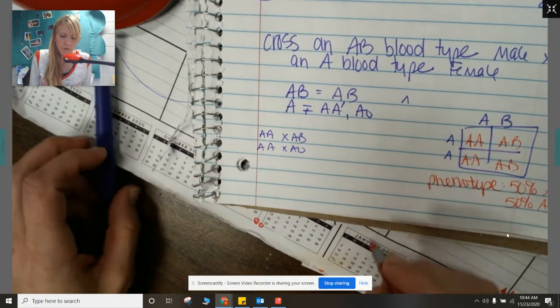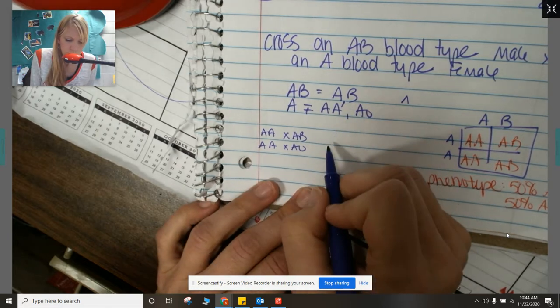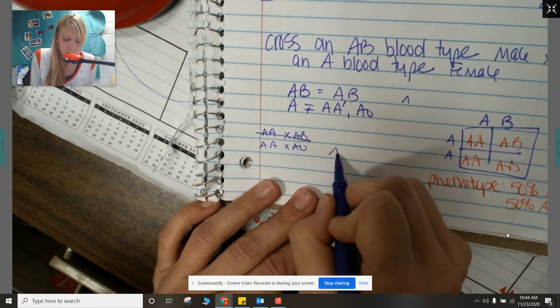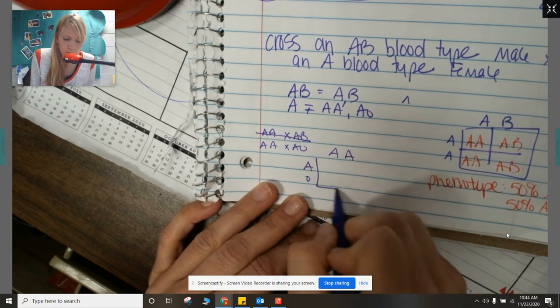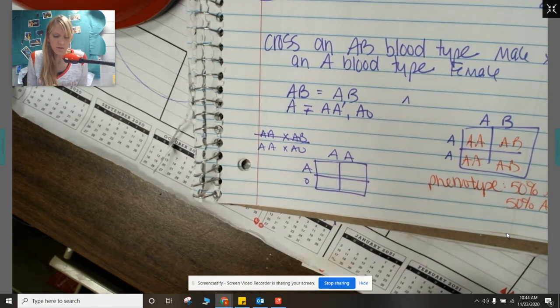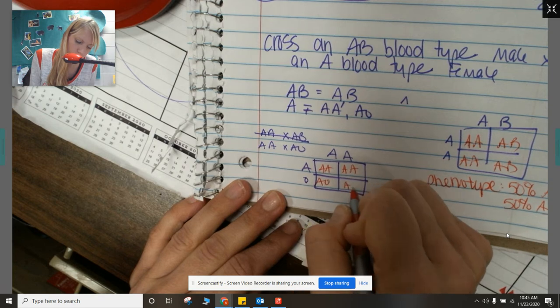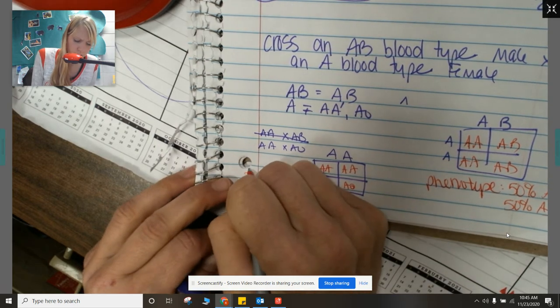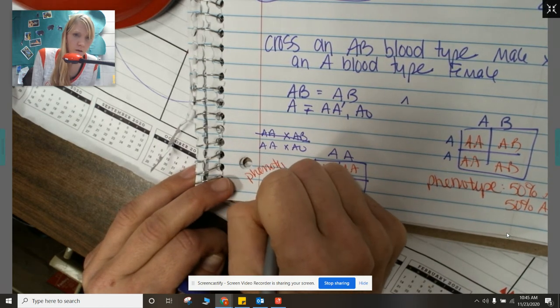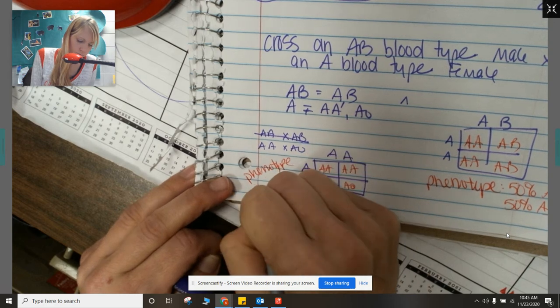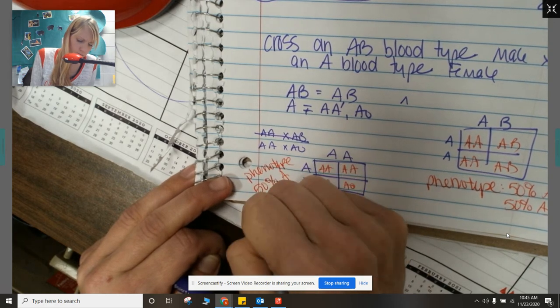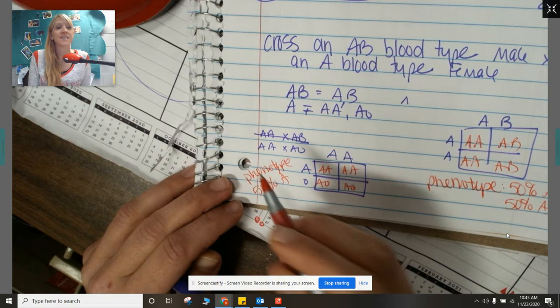Okay, let's do the other one. Can we have any AB kids? Let's check. Phenotype: 50% A, 50%... just kidding, I messed up there.